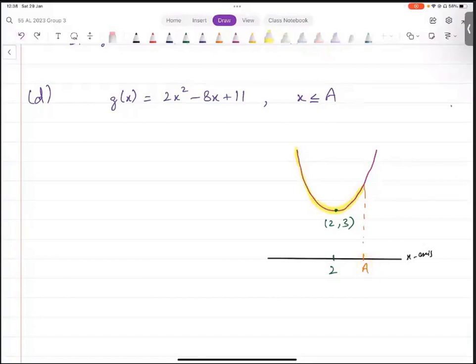Is this a one-to-one function? The yellow part here, is this one-to-one? No, sir. Why not? Sir, because if we make a horizontal line, then it will touch 2 points on the graph.